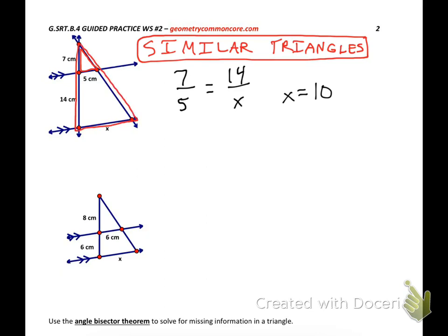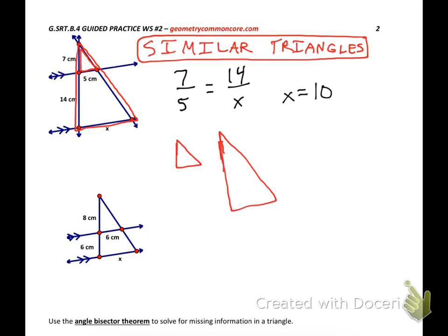And the best method I can tell you for this is to notice that you've got 2 triangles, and I need to draw these triangles separately. So now I'm going to have a small triangle right here and a bigger triangle. And just separate the 2. Break them apart.